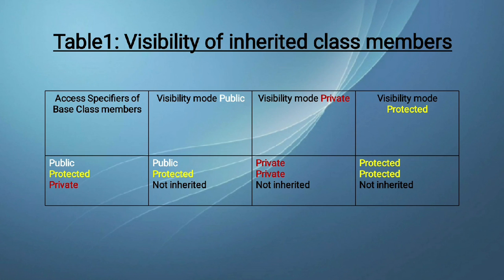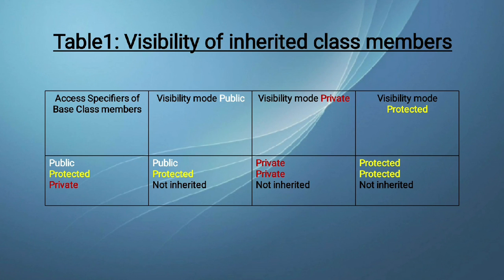So when the base class members are public, but the visibility mode has been inherited as protected, then the public members will change to protected. Similarly, if the base class members are declared as protected, when inherited as public, it will remain protected.